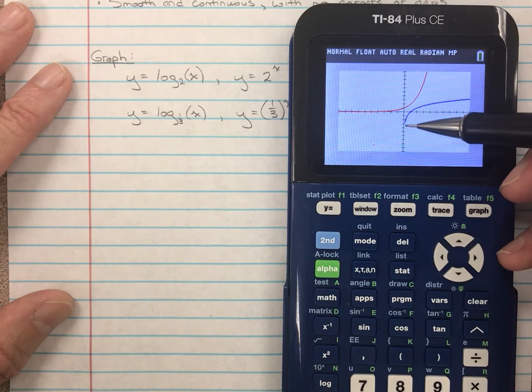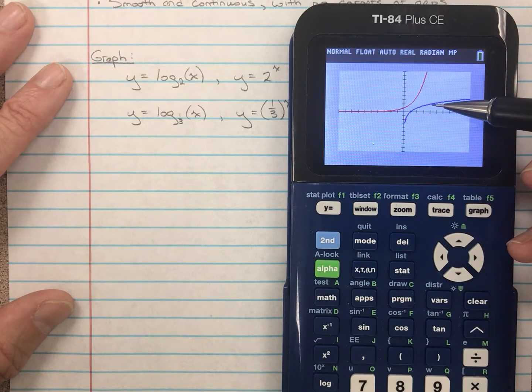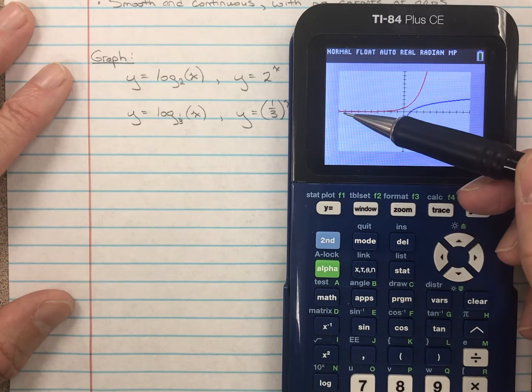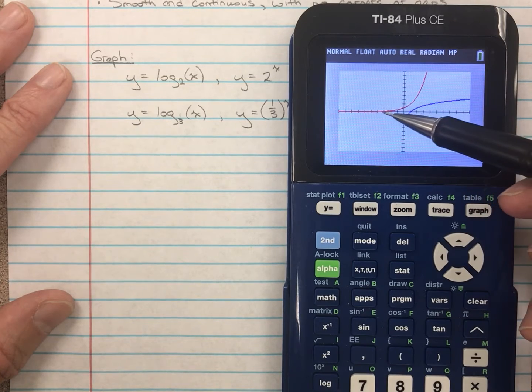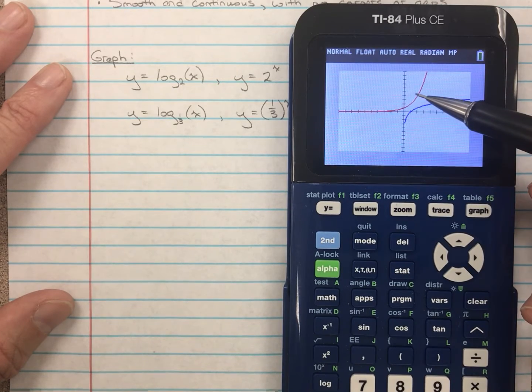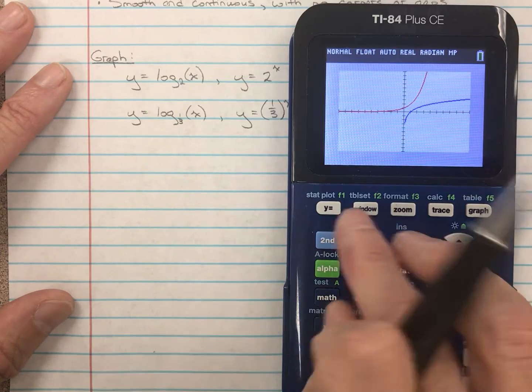It increases quickly, and then it increases more and more slowly, but it is still increasing. The exponential function is an increasing function. It's increasing very, very slowly, and then it begins to quicken, and as it passes through the point (0, 1), it increases faster and faster and faster.